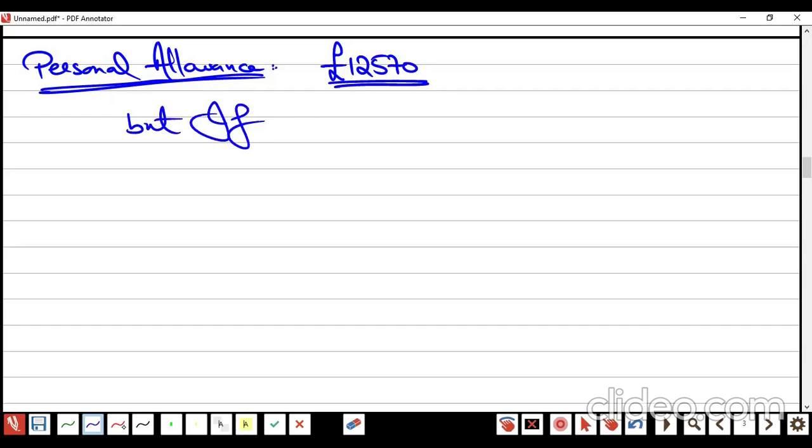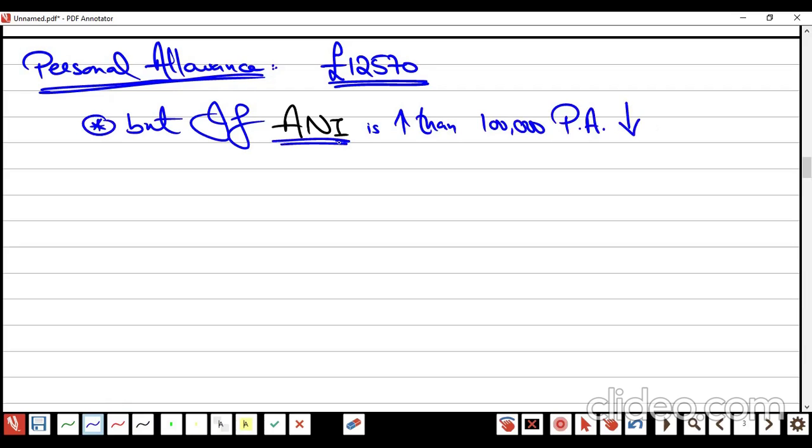That is the fixed amount, but if adjusted net income is greater than 100,000, personal allowance is going to reduce. That is a rule, which we already did in our TX syllabus.